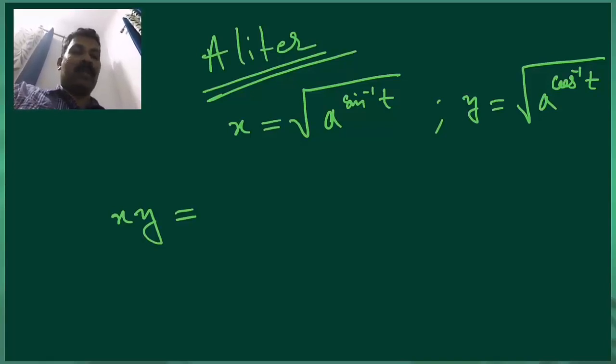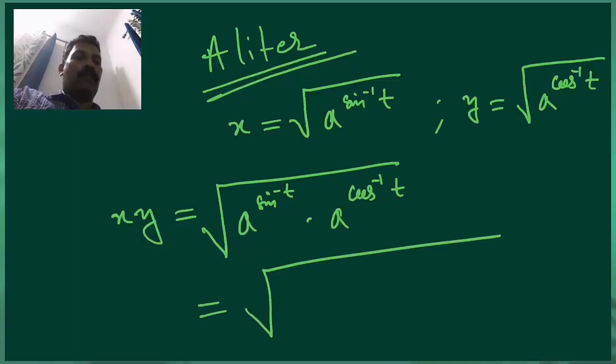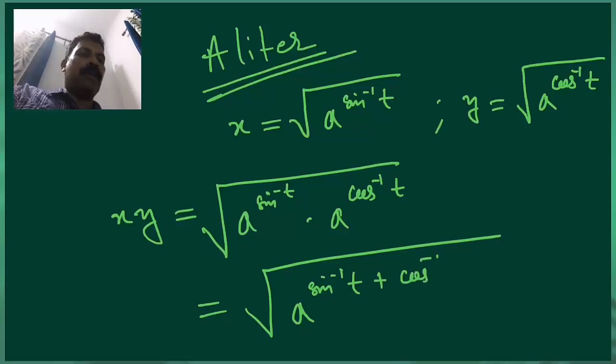Then finally we will differentiate. That is xy equals square root a raised to sin inverse t into a raised to cos inverse t. So you know by the exponential rule, that is a raised to sin inverse t plus cos inverse t.